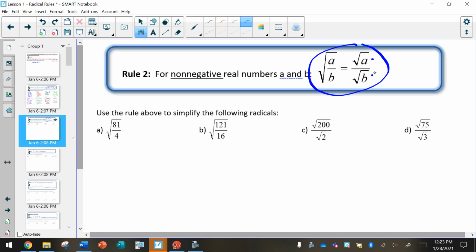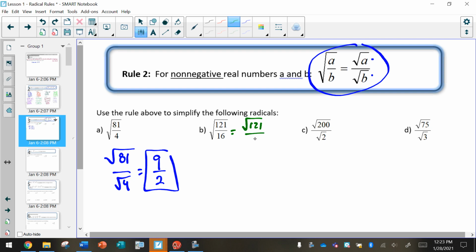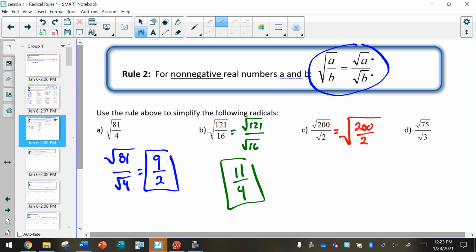It all depends on the numbers you have. So if you look at example A, if you recognize the fact that you have two perfect squares in your fraction, then you can separate it and take the square root of each one on its own. If they're already separated and they're not perfect squares, it might be helpful to put them together so that you can divide first and then take the square root.